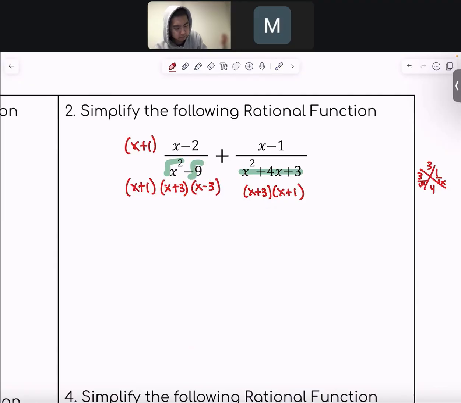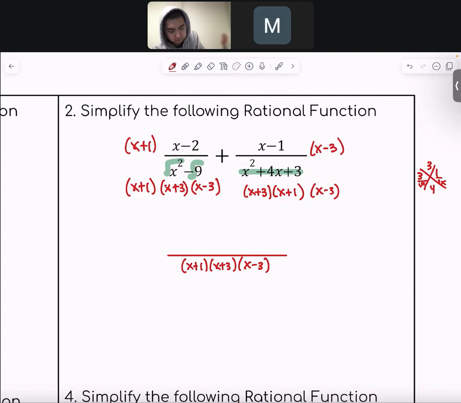So we need to multiply this side by x minus 3 and x minus 3. Okay, so they are going to have the same common denominator of x plus 1, x plus 3, x minus 3. The order doesn't matter, you guys, for this part.